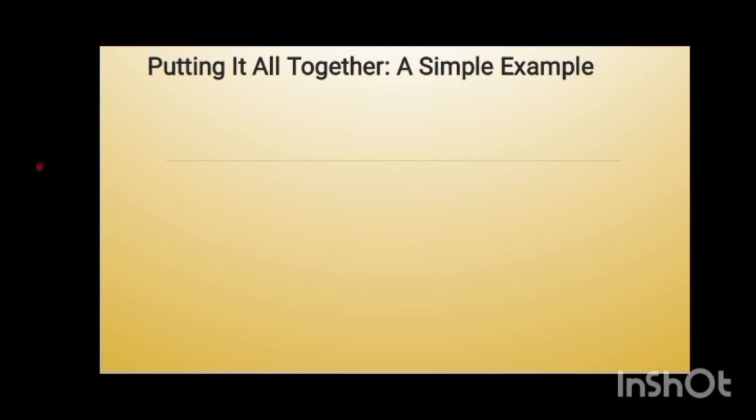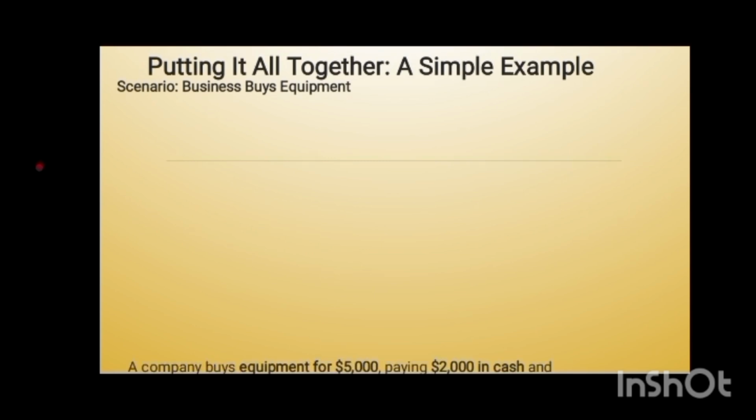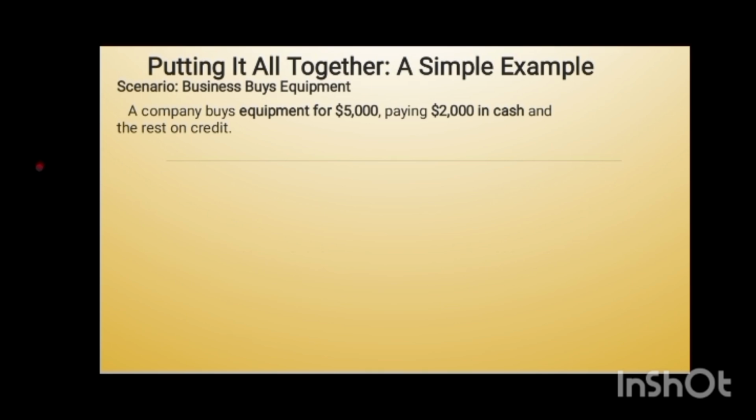After that, now we put all these examples together to make a simple example. Now, the scenario is that the business buys equipment, okay? A company buys equipment for $5,000. Equipment are the tools that are required for the business. It can be machinery.